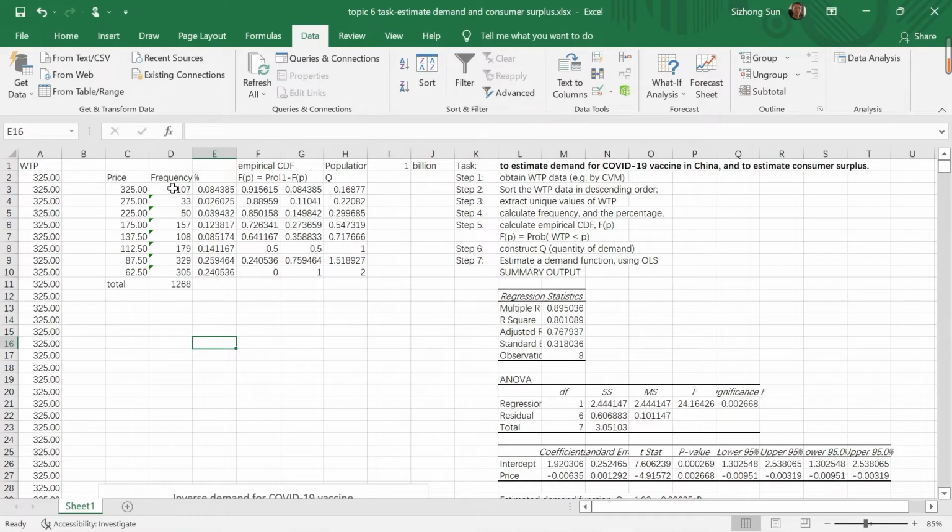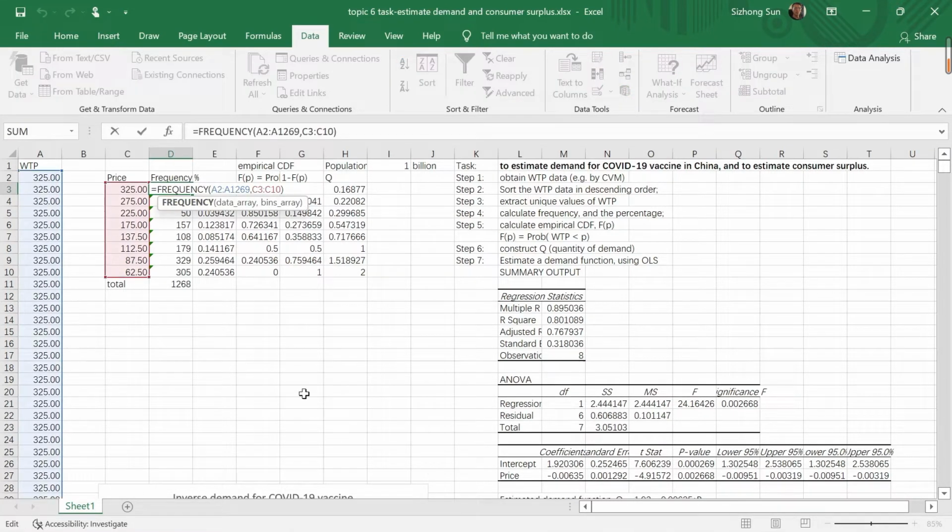Then I want to calculate the frequency. So I'm going to use the frequency function. The data is from A2 to A1269, and the bins is from C3 to C10.